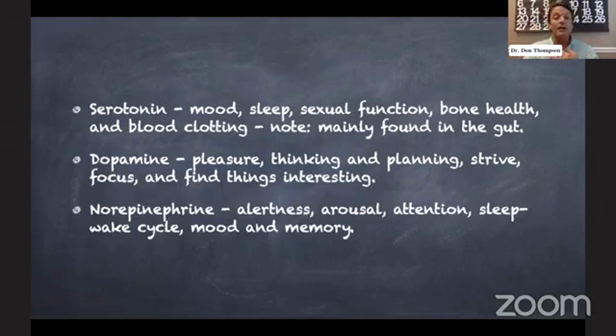Now, dopamine, this is the pleasure neurotransmitter. But if you get too much, it's a really bad thing. You can actually have paranoia. But we're thinking about thinking and planning, striving, focus, and things that make you interested. I did see some research last year, and this totally describes me to a T, that dopamine is also associated with reward.